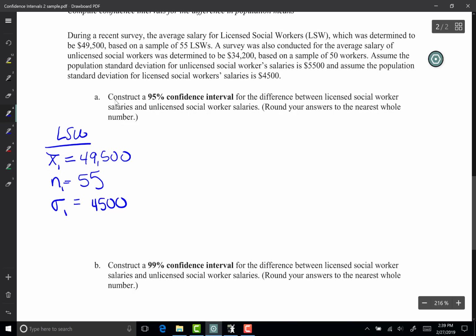Now for unlicensed social workers, the average salary in the sample was 34,200, the sample size was 50, and the population standard deviation was 5,500.